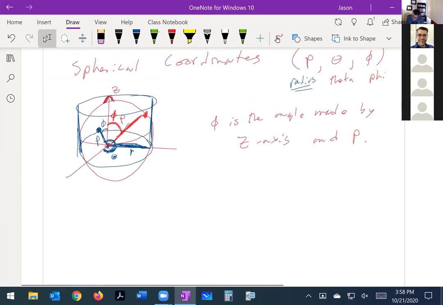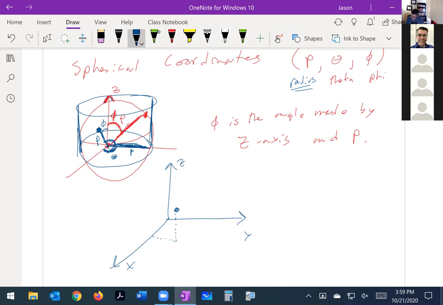My diagram's getting a little jumbled. So let's say that we have the point 1, 1, 1. This is x, this is y, and this is z. So how would we get that point in space, the point 1, 1, 1?